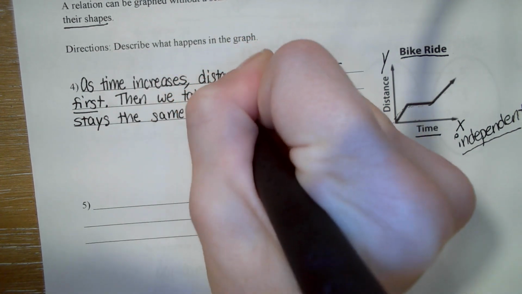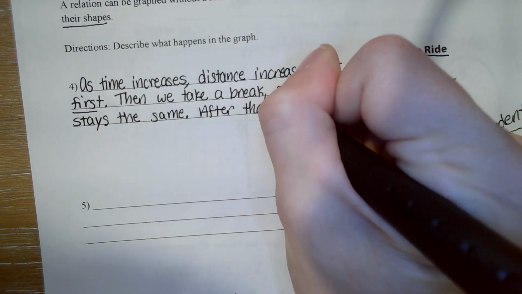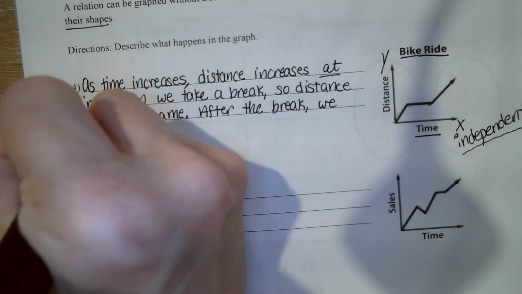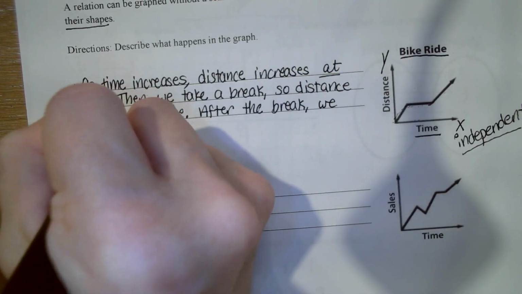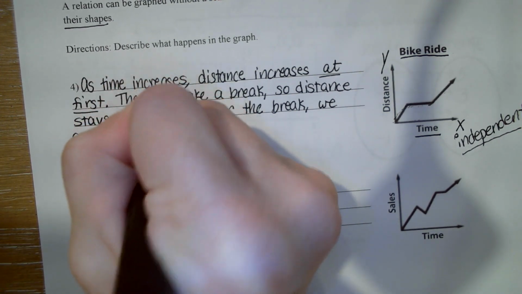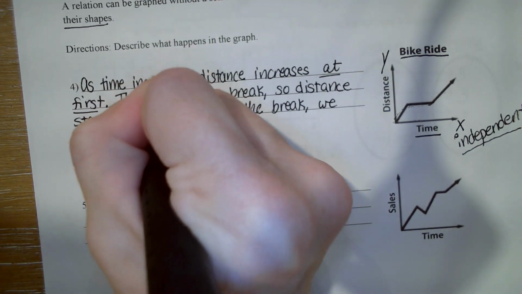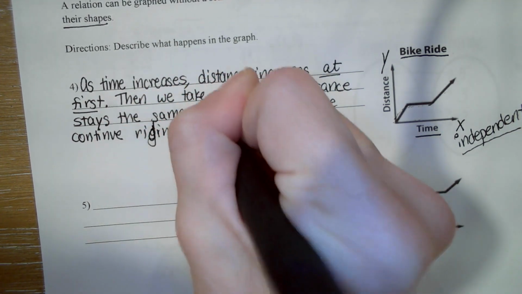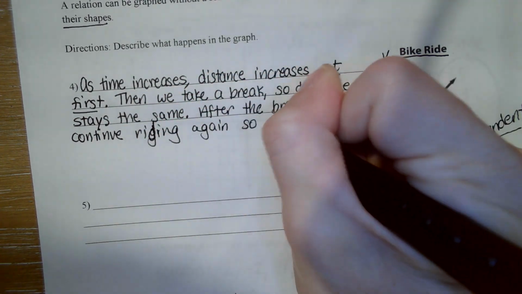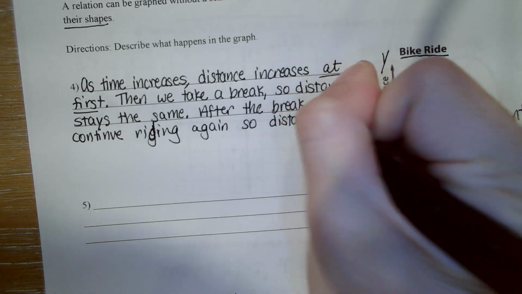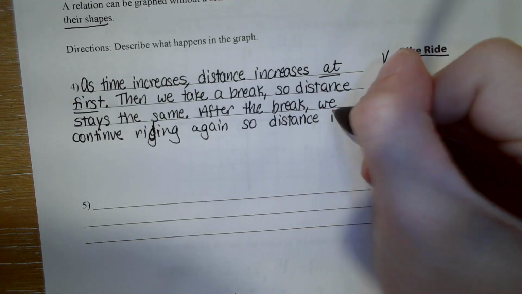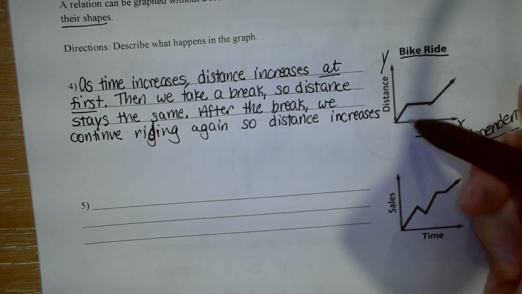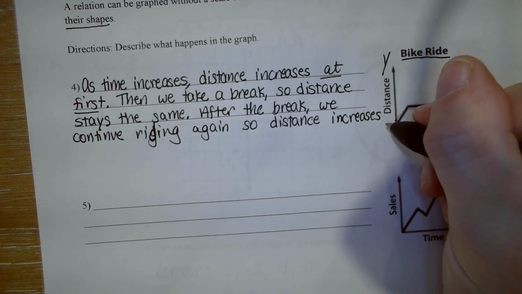After the break, we continue riding again. Ooh, should be a D. Riding again. So as we ride, distance increases. So distance increases again. That's why we have this plateau here.